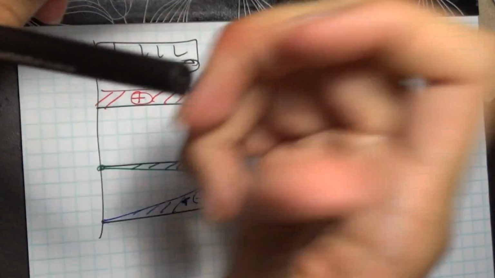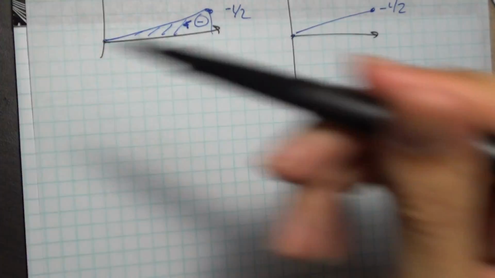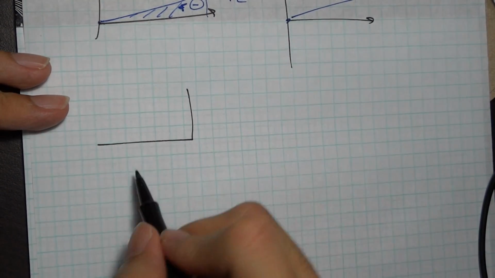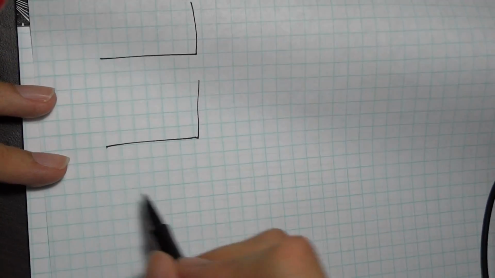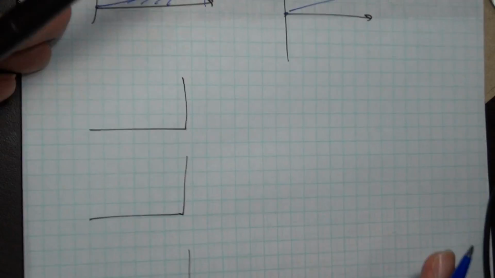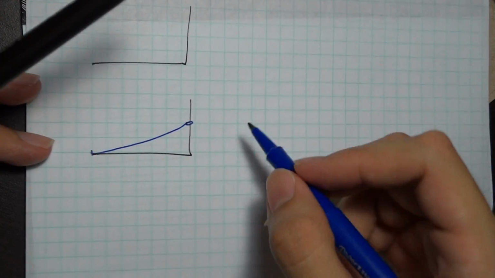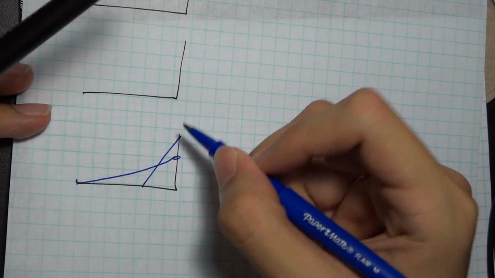When you're drawing these on your diagram, you can draw them like these, but you're supposed to draw them all at once on a diagram. So you can draw 3 separate diagrams if you want. Blue is your moments, which goes like this.